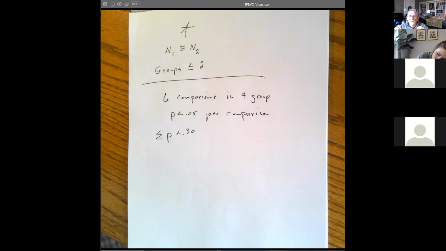And so with the summative p-value being 0.30, that means there's a 30% chance of a false positive, and that's, quite frankly, way too great. Now, we have to always protect against false positives, because that could be a really bad error to make. In those cases, the worst error to make. And so we're at 0.30.